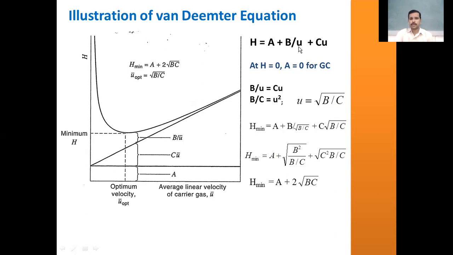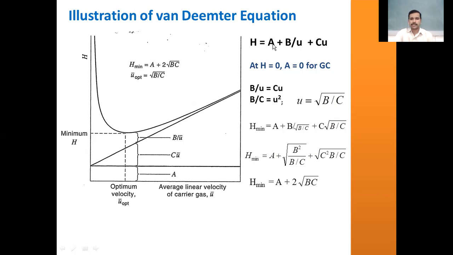If U is less, H will become high. And similarly, if you come to the mass transfer term, if U is increased, H will also increase. If U is minimum, H will be minimized. So the same dependency of the mobile phase velocity and the height of a theoretical plate has been illustrated by means of this graph.